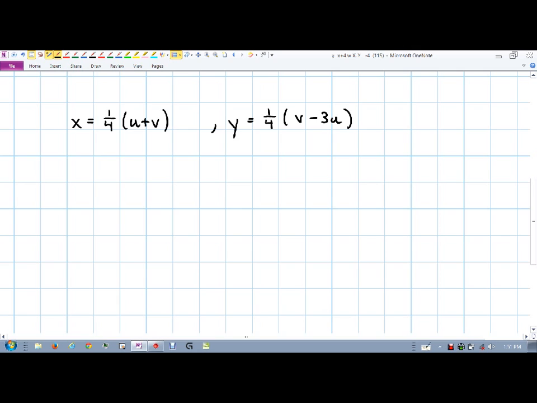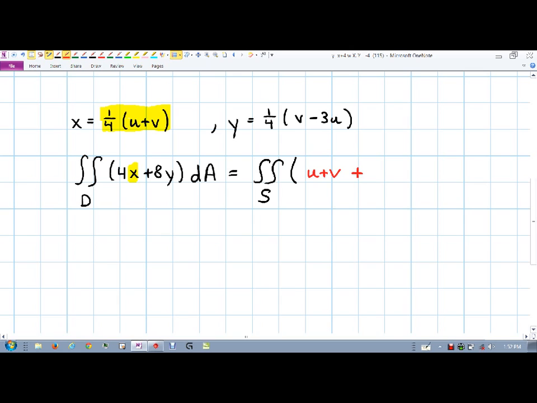So what I'm going to do is try and do this double integral over D of my function, which was 4x plus 8y dA. This is going to convert to a new double integral over my new region S. And what's 4x going to turn out to be for us? So I just replace that x with this. So it becomes u plus v. And then I have plus 8 times y. What's 8 times y going to be?